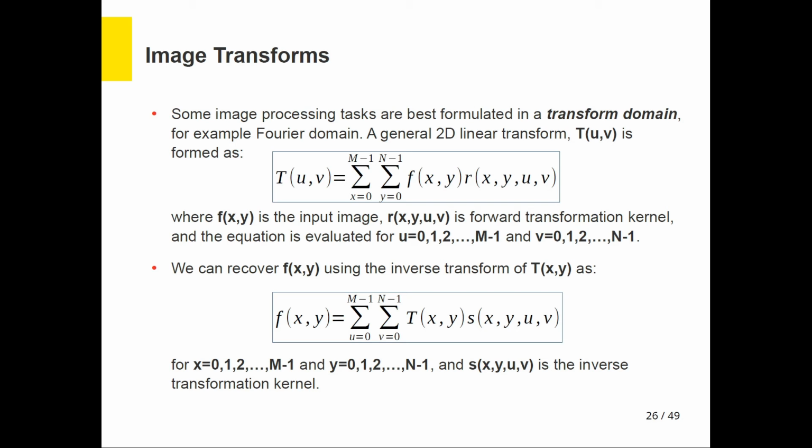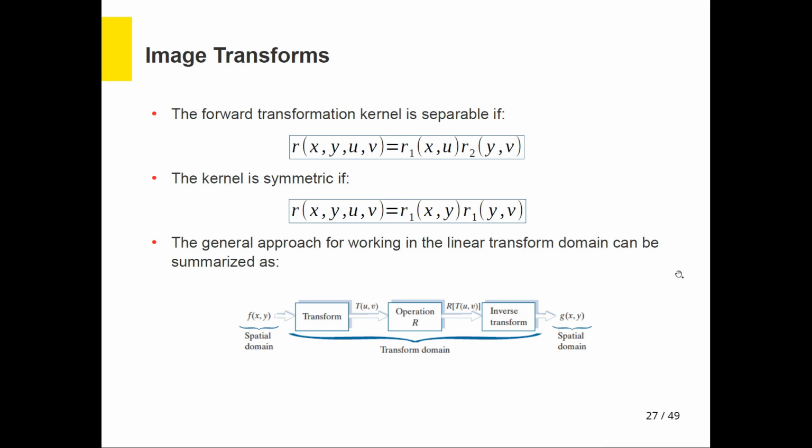Now we say that the forward transformation kernel is separable if we can divide it into two components that each only work on one of the coordinate systems.